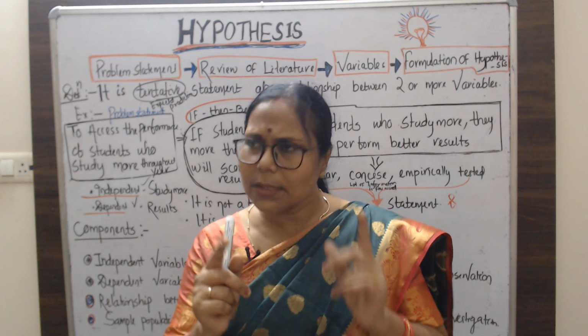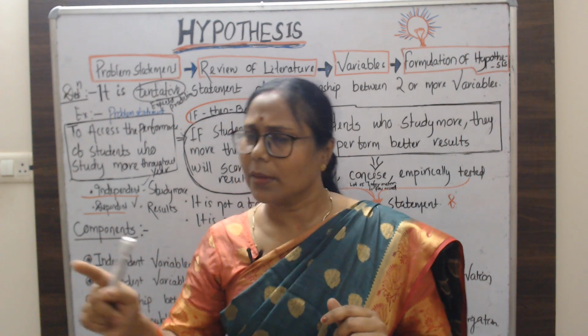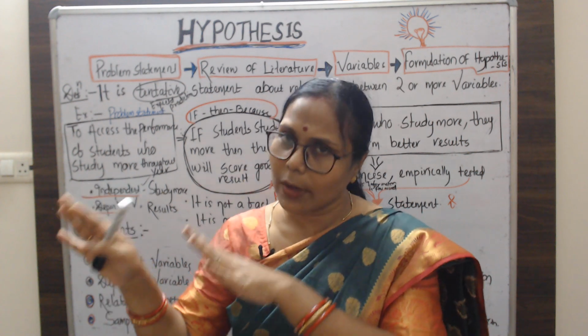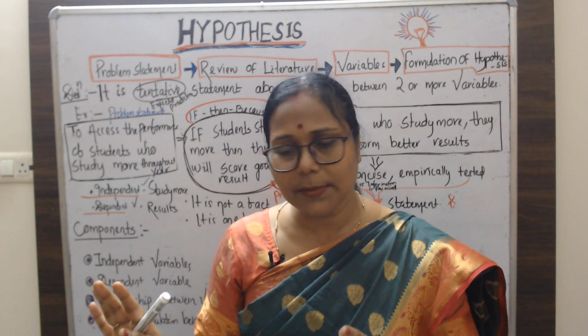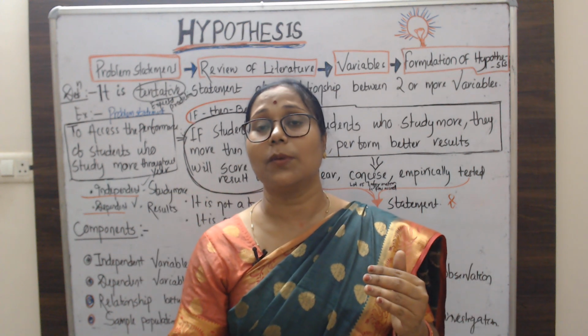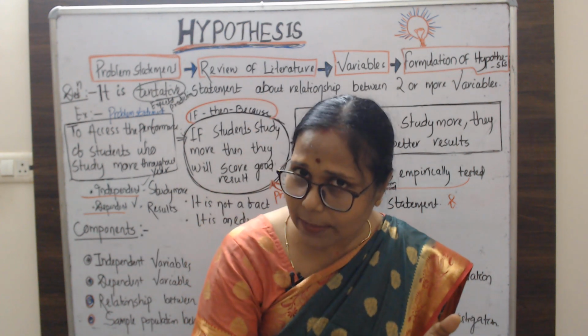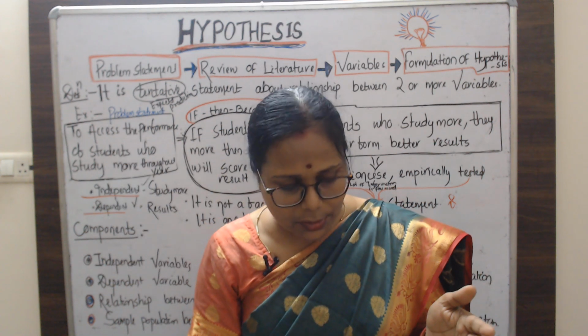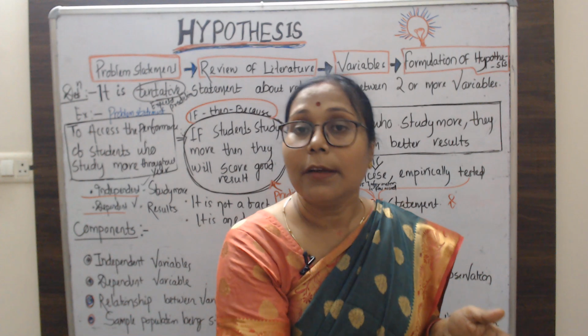So in research, the researcher has to follow various sequential steps to draw a conclusion. The first step, in the planning phase, is to formulate the problem statement, then review the knowledge in the review of literature, then discuss the variables.